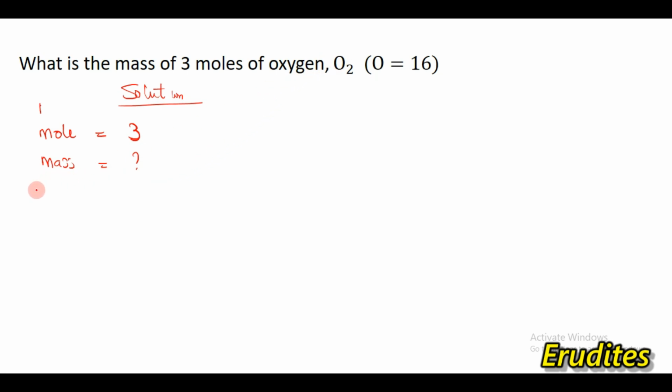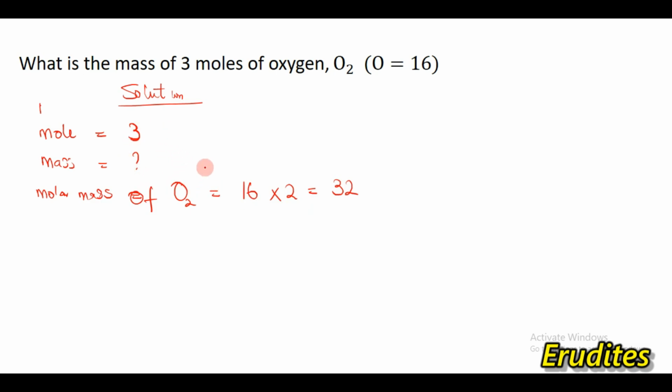Then the molar mass of oxygen is the relative molecular mass of oxygen. The relative atomic mass of oxygen is 16, so the molar mass of oxygen, O2, is 16 times the number of atoms in the oxygen molecule, which is 2. That is 16 times 2, which gives us 32.